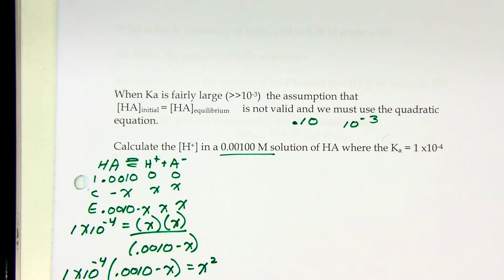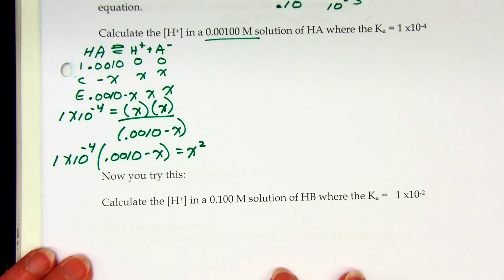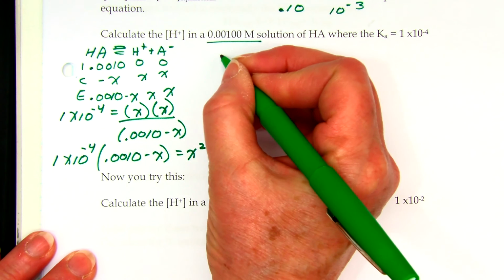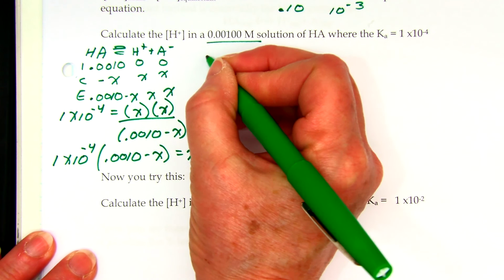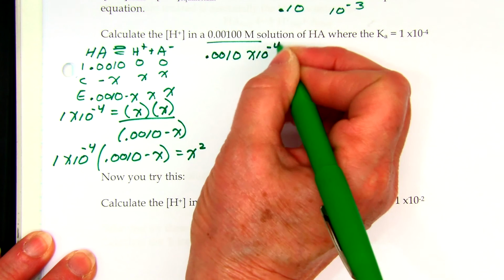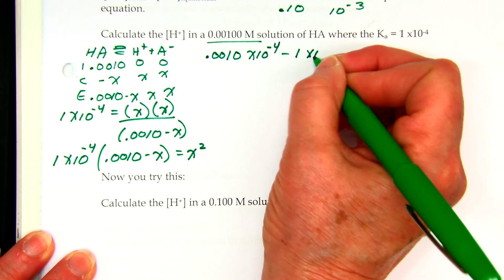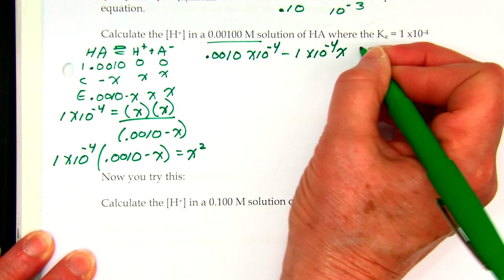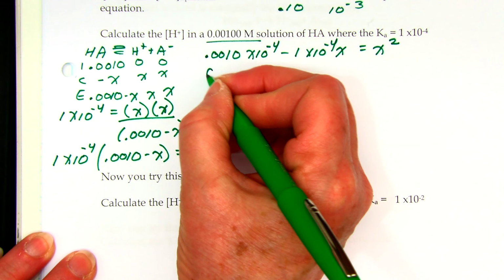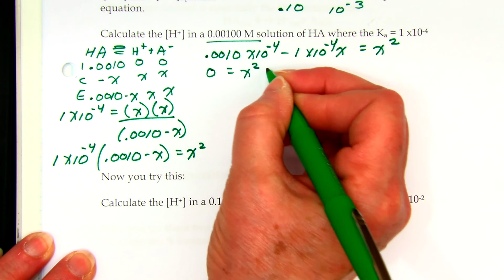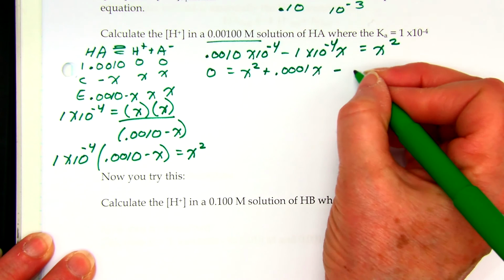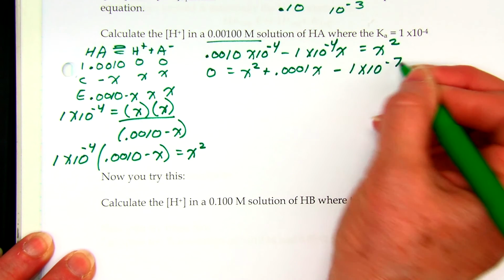So rearranging this into the classic form for the quadratic, well, I guess multiplying across first, we get 0.0010 times 10 to the negative fourth minus 1 times 10 to the negative fourth X is equal to X squared. And now we get to rearranging: 0 is equal to X squared plus 0.0001X minus 1 times 10 to the negative seventh.